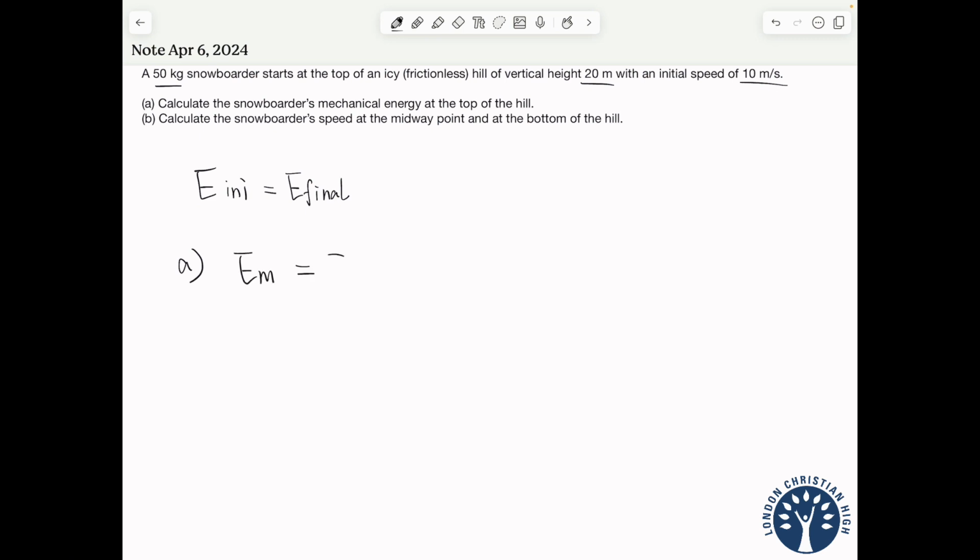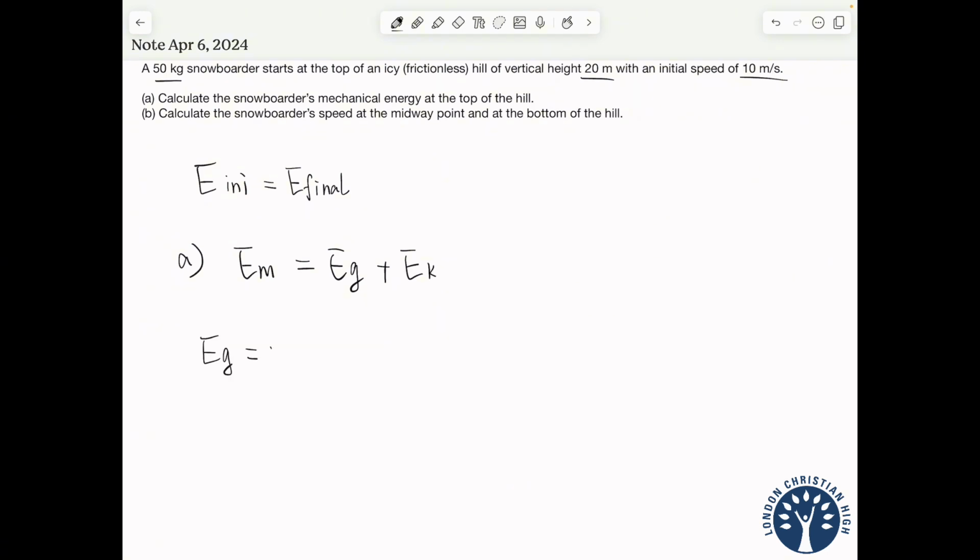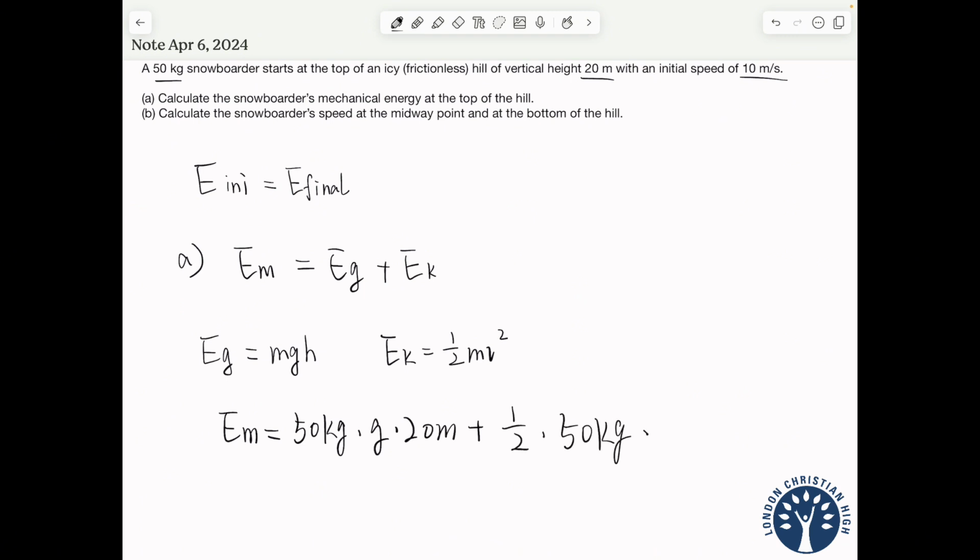And of course, mechanical energy is composed of gravitational energy plus kinetic energy. The equation for gravitational energy is mgh, and the equation for kinetic energy is 1/2 mv squared. So our mechanical energy will be 50 kilograms times g times 20 meters, that's the height, plus 1/2 times 50 kilograms times 10 meters per second squared.